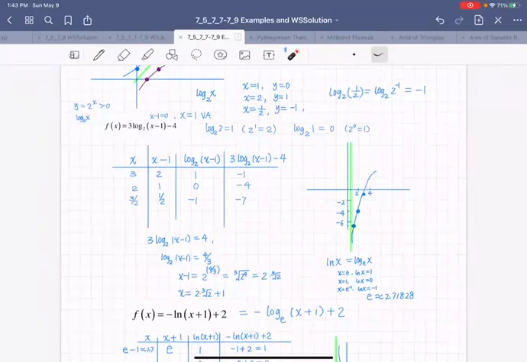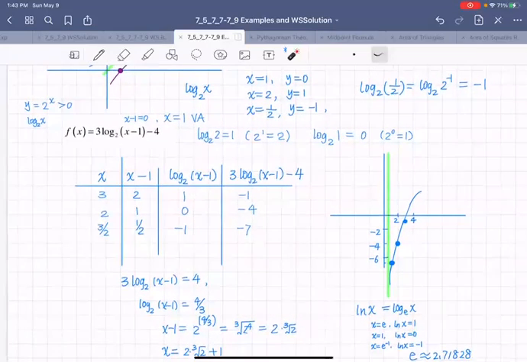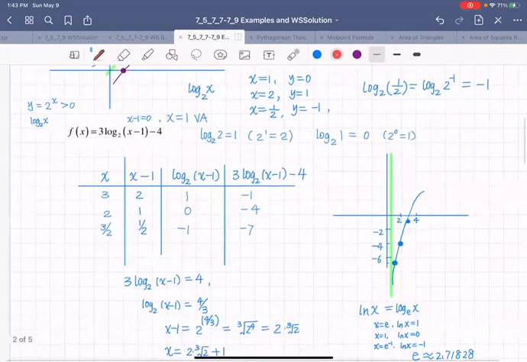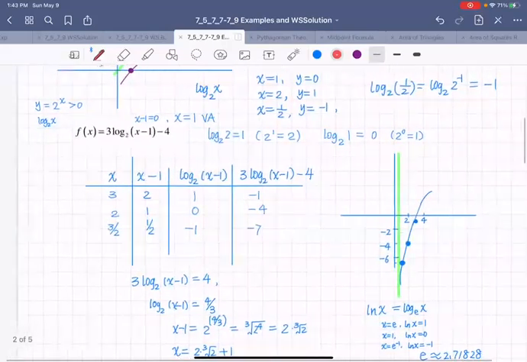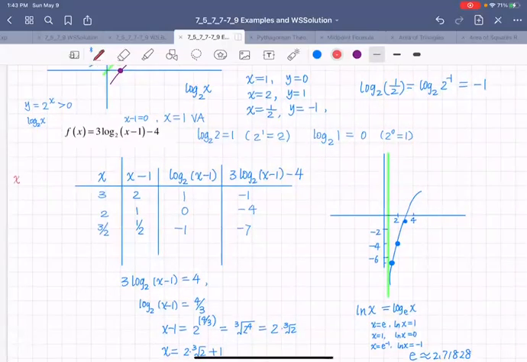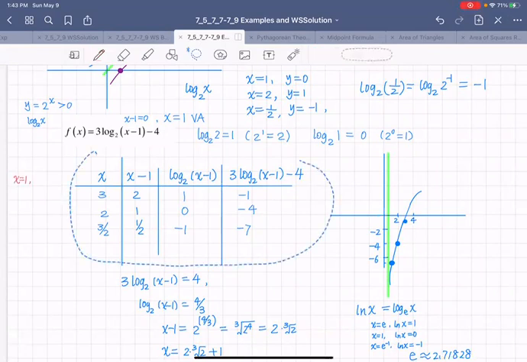Yeah, makes sense. What's the reason I want to draw the graph this way? A student might say, why can't I just choose x equals 1, 2, 3 to draw the graph? You can try.